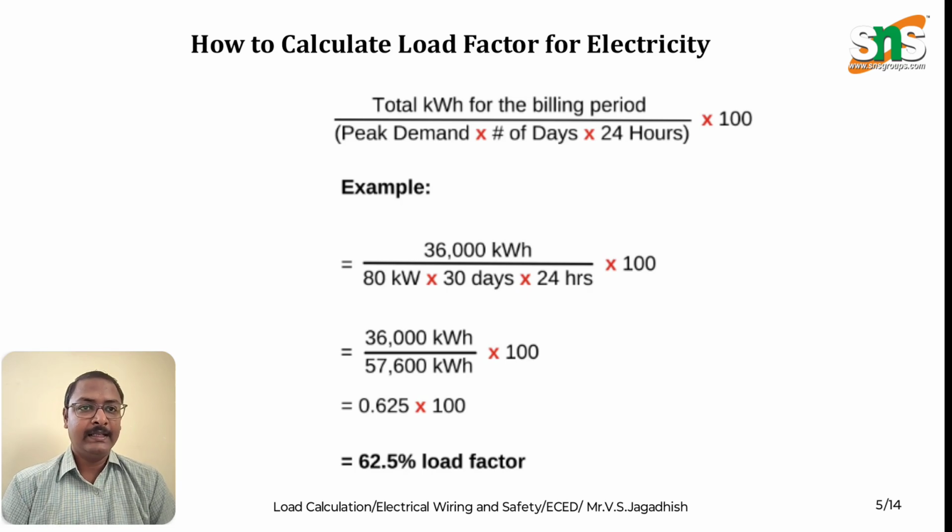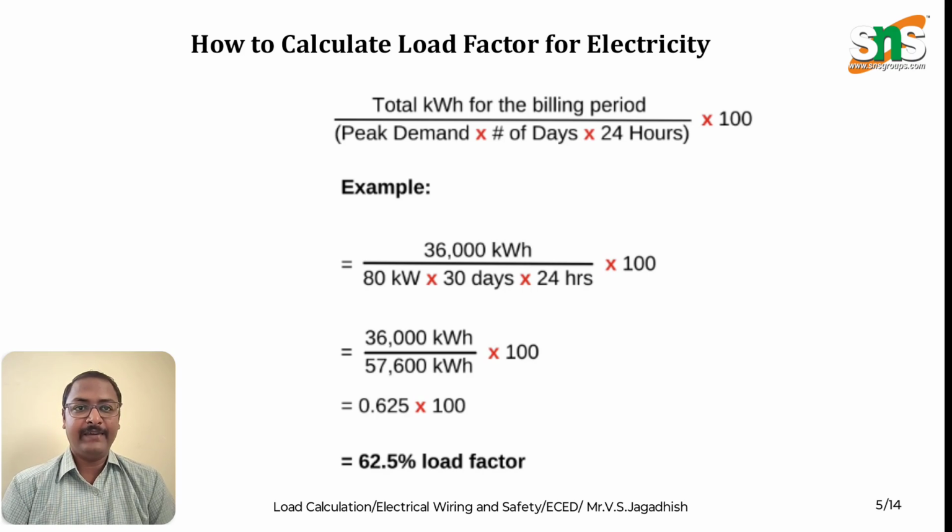For example, if the total power consumed is 36 kilowatt hour and the peak demand is 80 kilowatt, that is the maximum power consumed on any one day in the 30 days, then it is 80 kilowatt into 30 calendar days into 24 hours into 100.